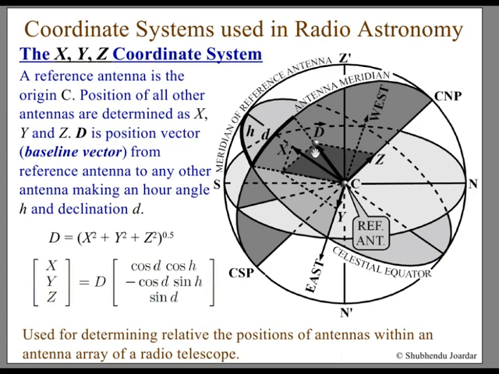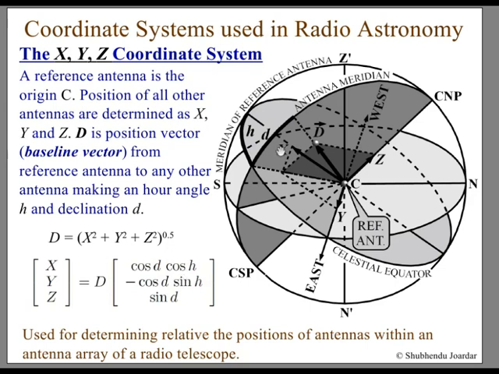So the position vector joining these two antennas can be found from this particular element squared plus this particular element squared plus this particular element squared, forming this parallelepiped. So the modulus of the position vector d is equal to the square root of x squared plus y squared plus z squared. And you can relate this x, y, z with the hour angle and declination.